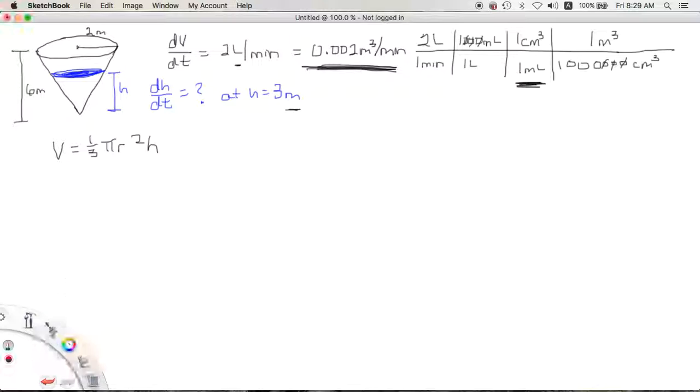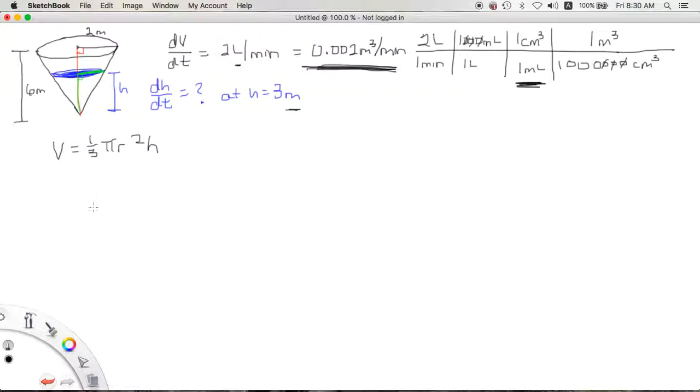Well, if you look at this, you've got a couple of right triangles here. You've got this big one, and then you have this one here that's the actual amount of oil. And if you notice, they are similar triangles. They share the same angles. All 3 angles are the same, so they're similar triangles.